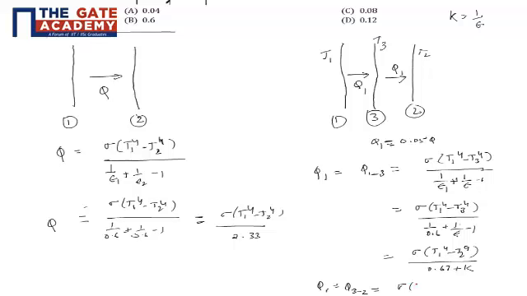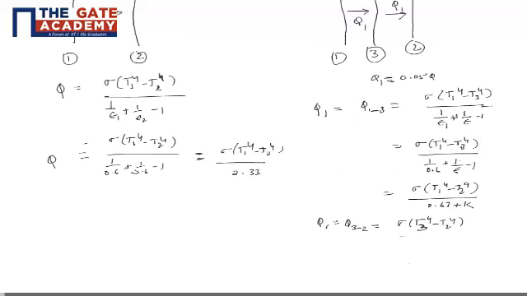The same thing I can write between 3 and 2, that is T3 power 4 minus T2 power 4 by 1 by epsilon plus 1 by epsilon 2, which is 0.6. The denominator will be exactly similar, K plus 0.67.